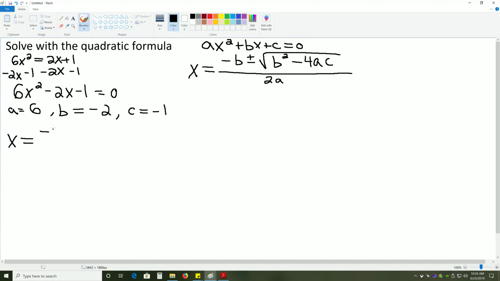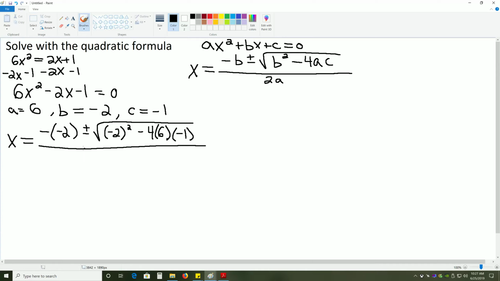So that's negative 2, since b was negative, plus or minus the square root of b squared, so that's the quantity of negative 2 squared, minus 4 times a is 6, times c is negative 1, all over 2 times a is 2 times 6.